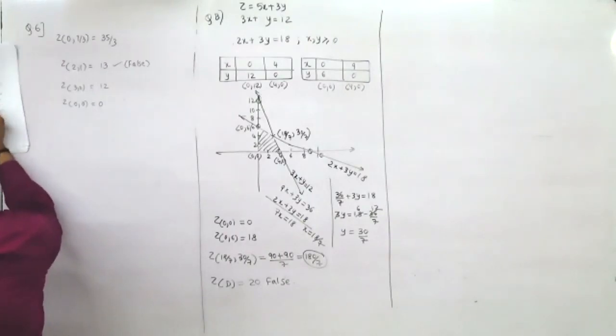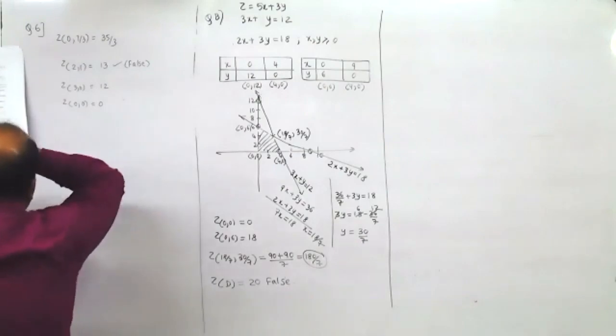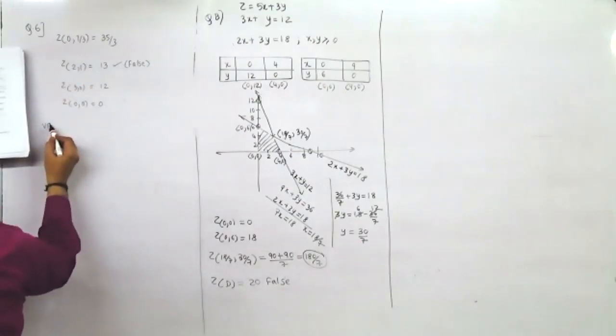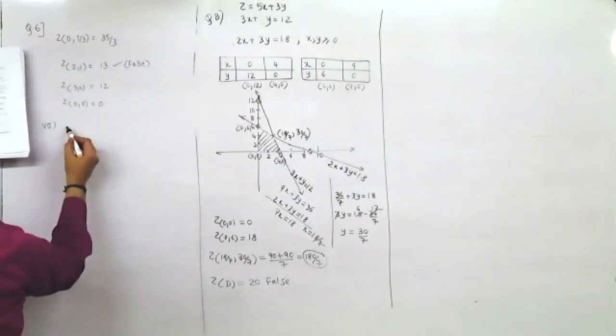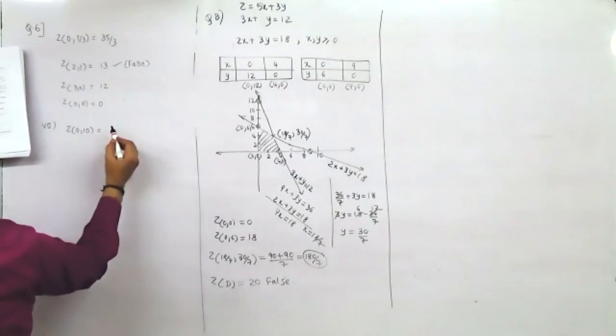But then the fifth one was right. No, but not the segment. Actually, it includes even the segment, but maybe. Now, the seventh one, if the corner points are, then z at (0, 10). Therefore, you have to be very careful in these objectives. This is the only place where you can lose marks.